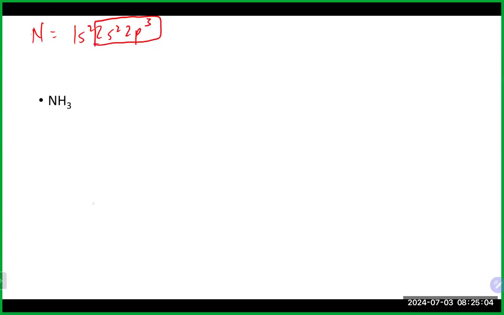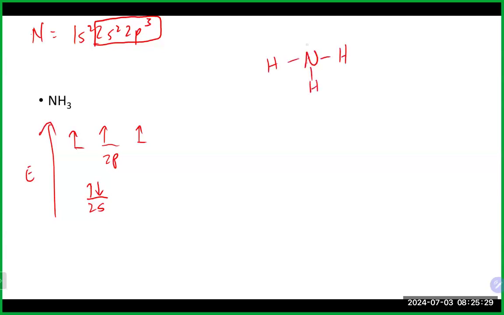So if we look at the nitrogen, we have our 2s, which has 2 electrons. We have our 2p, which has an electron in each. And if we draw the Lewis structure for our ammonia, it will look something like this.